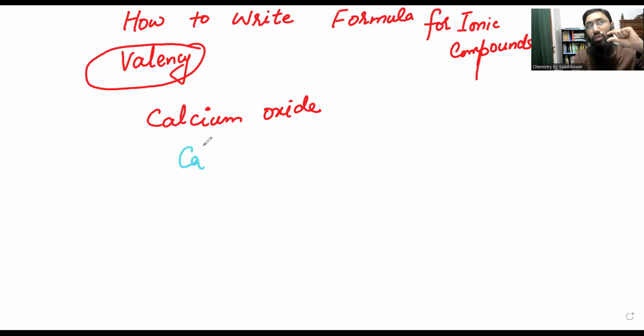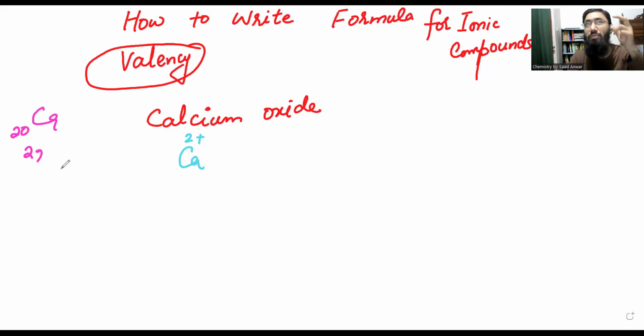Good. So its valency is 2, and I will write it like plus 2. The atomic number of calcium is 20. The first shell contains 2 electrons, because I know electronic configuration from my previous knowledge.